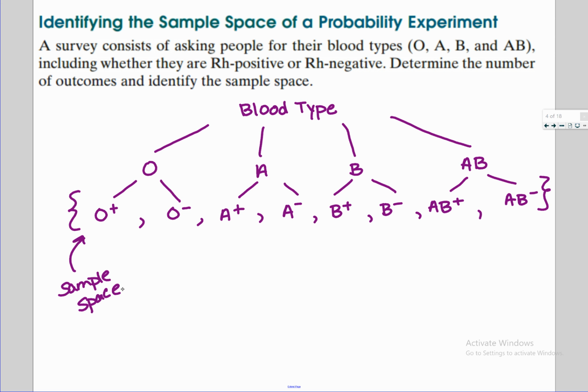An event would be an example of maybe multiple outcomes happening back to back. Like maybe if I interview 2 people, an event could be that 2 people in a row answer that they have blood type A. That could be an event. So it's possibly a combination of 2 outcomes happening at the same time or back to back or consistently or something like that.